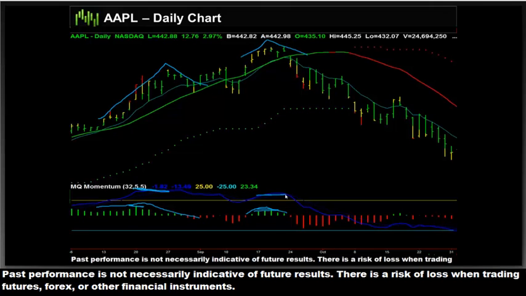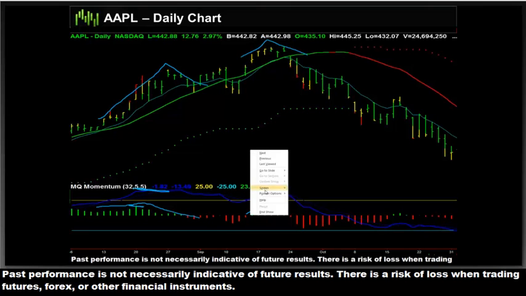So these are actually a little bit lower. So what you have is price diverging from the momentum indicator. That is the setup that we would actually be taking.